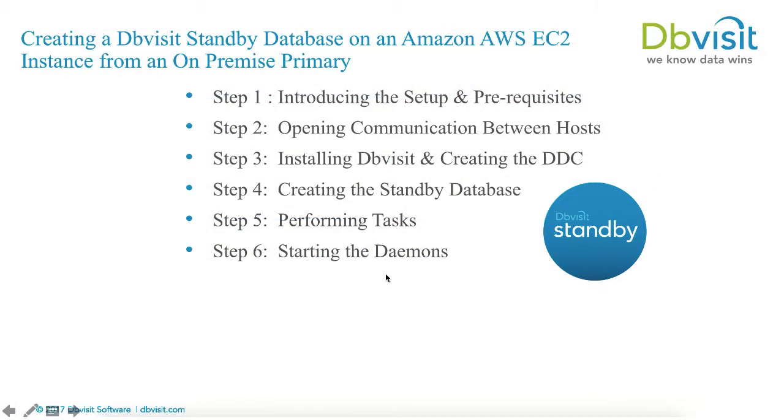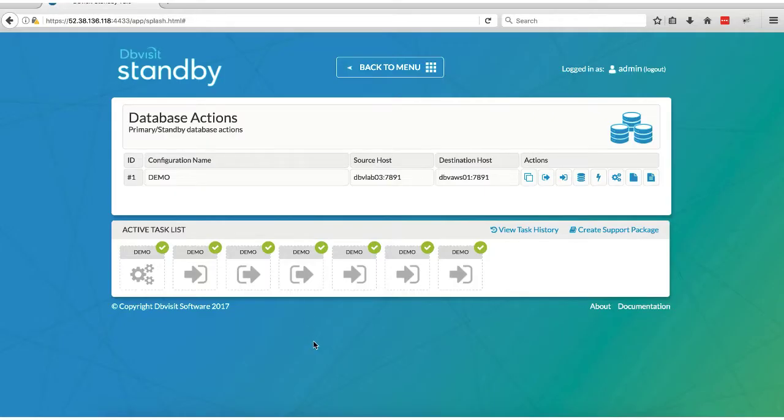Standby also gives us the option to have some daemons running on each of the hosts in order to send and apply the logs automatically. The daemon frequency can be controlled with parameters within the DDC file. For the purpose of the demo, I'll go with the defaults.